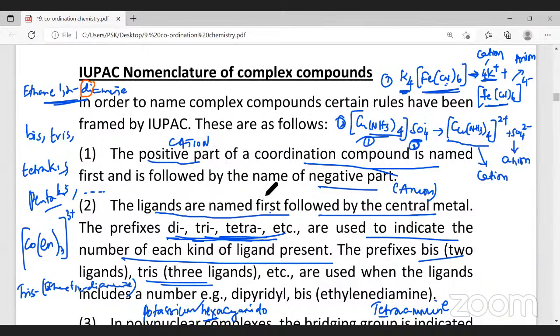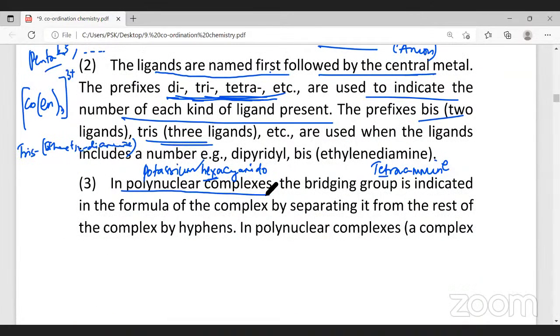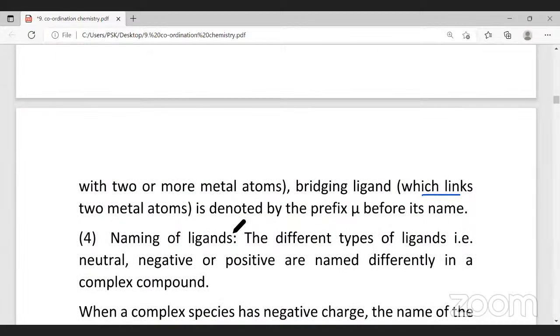In polynuclear complexes, the bridging group is indicated in the formula of the complex by separating it from the rest of the complex by a hyphen. In a polynuclear complex, a complex with 2 or more metal atoms, a bridging ligand, which links 2 metals, is denoted by the prefix mu.